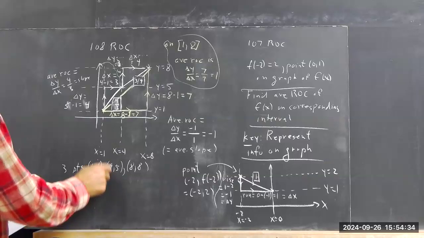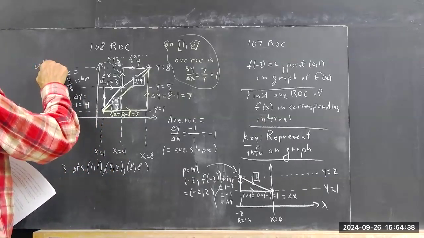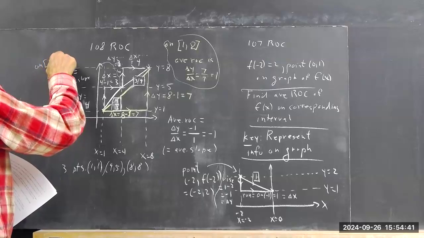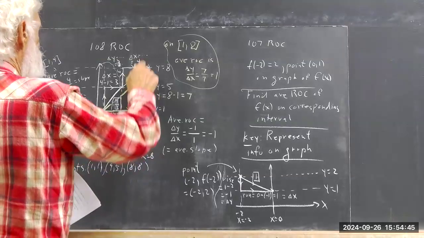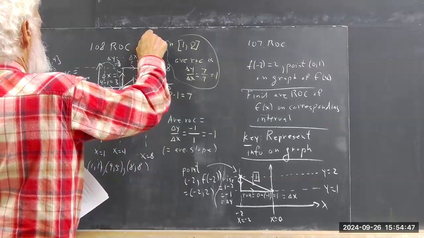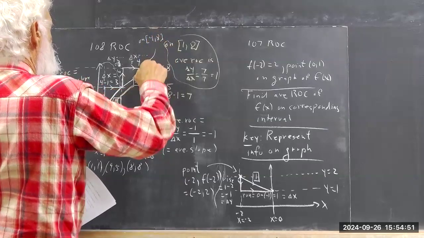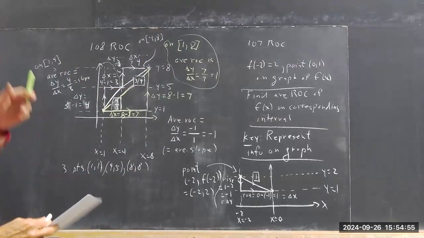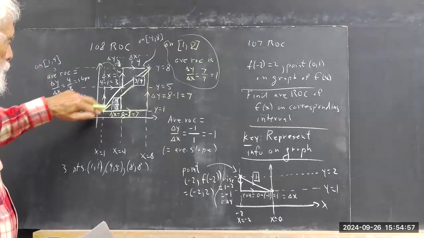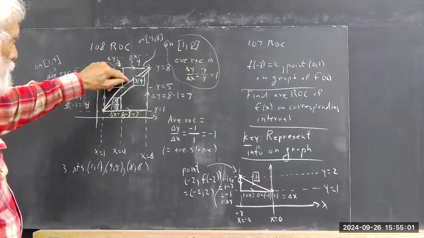Now, this is on the interval from 1 to 4. And this is on the interval 4 to 8. And then I ask, is the average rate of change on the big interval equal to the average of the two average rates of change here?